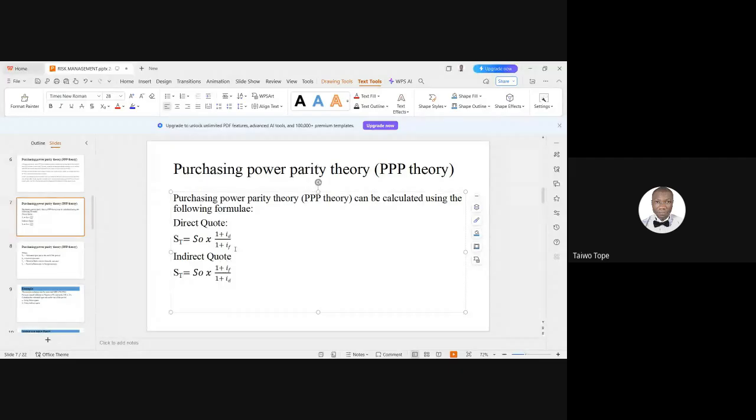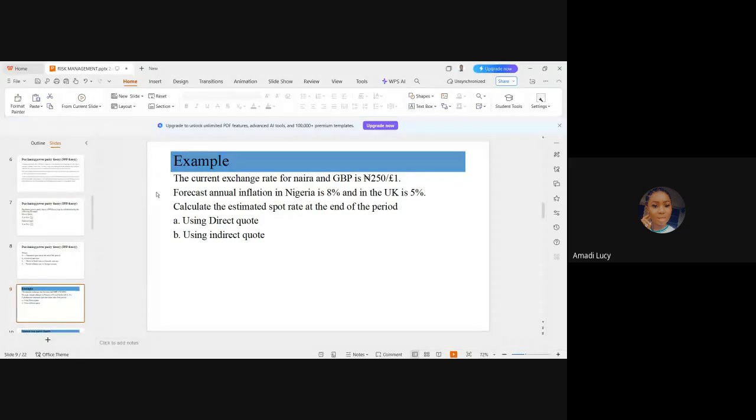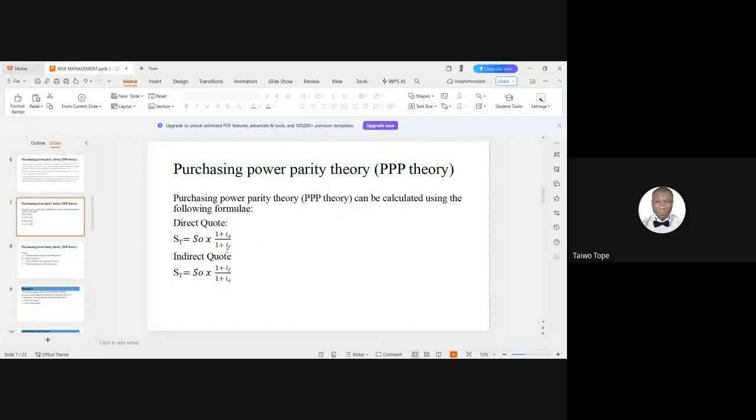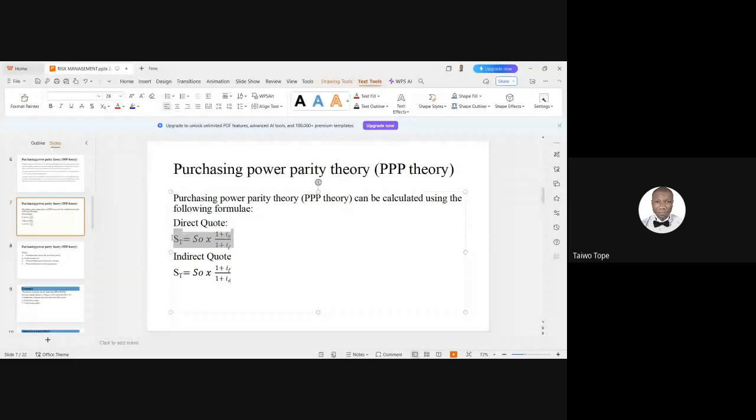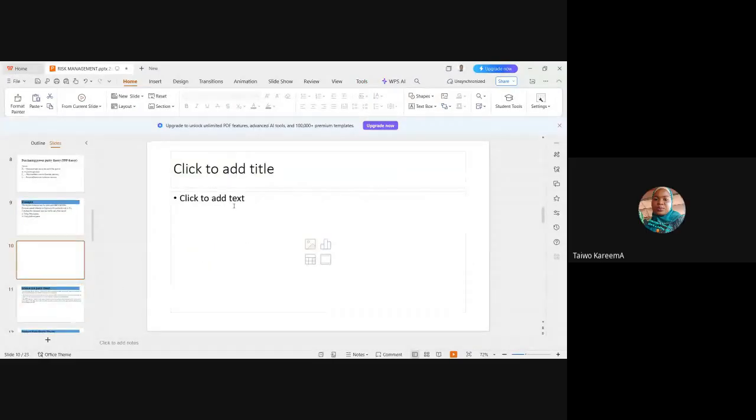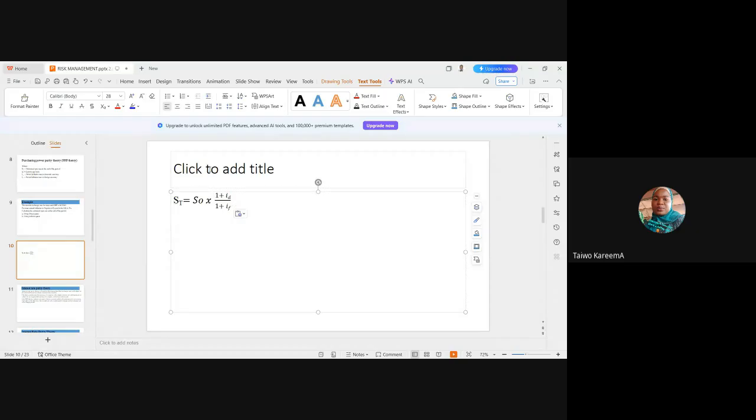Then for the denominator, it will be 1 plus inflation in relation to the foreign currency, which is 5%. So 1 plus 0.05. Then once you substitute, you do your simplification. Please, can you just take the variables of that formula part, please? The ST, SO.